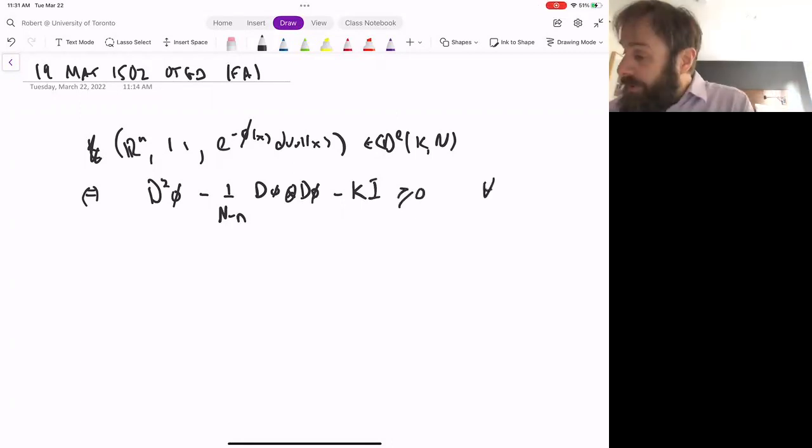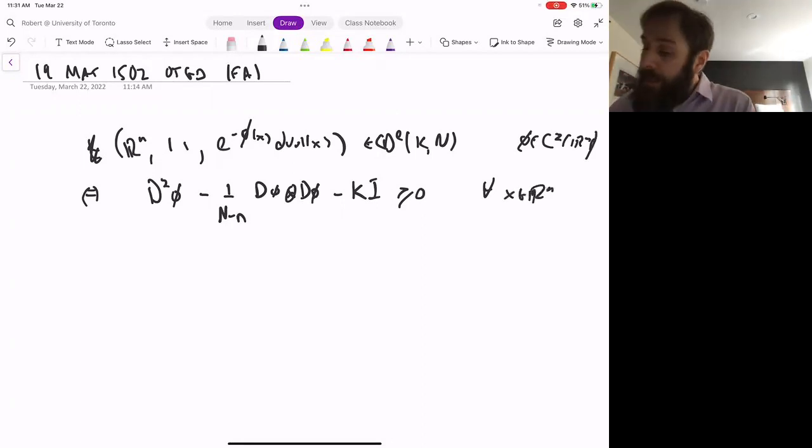Here phi was supposed to be a C2 function, and hopefully this would be for all x in R^n.